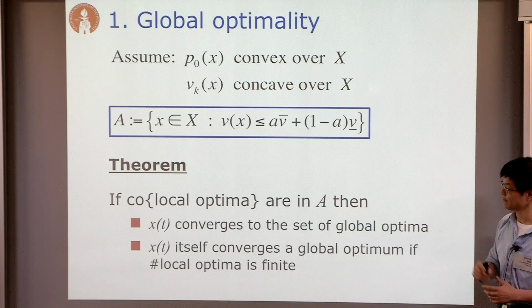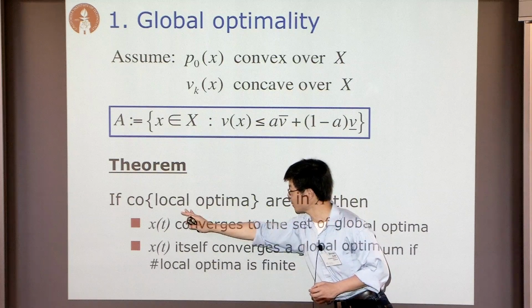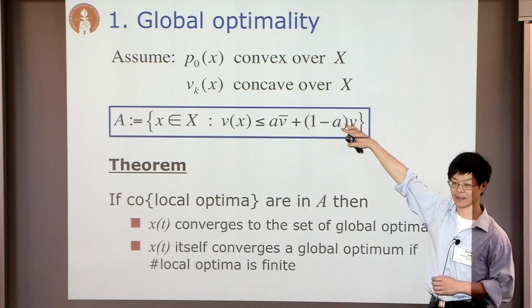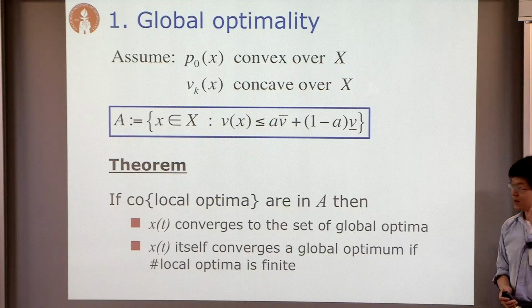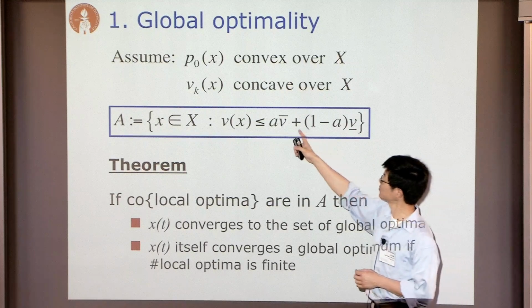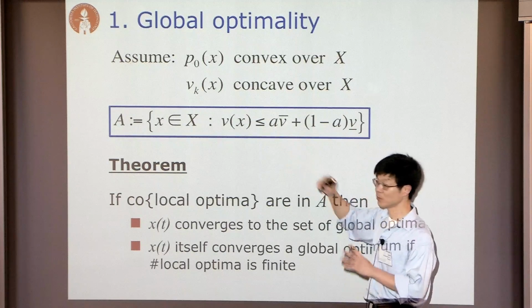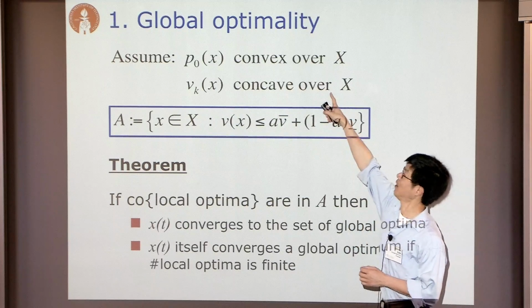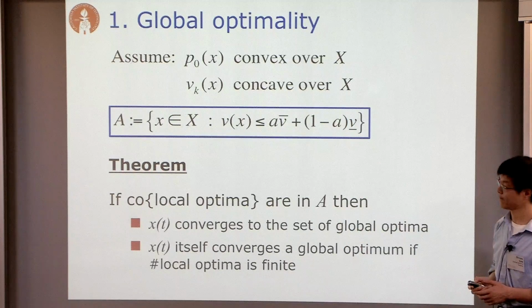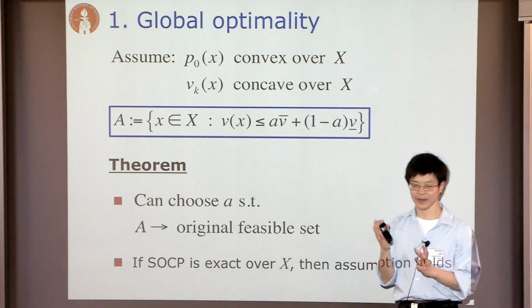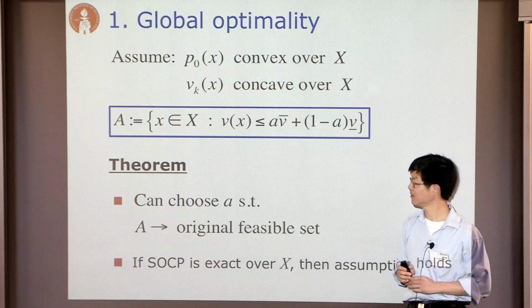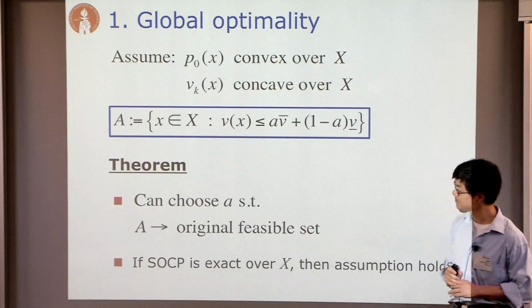So this is set A. If the convex set of local optima lies in this set A, then the local result becomes global. And therefore, we can make A arbitrarily close to the original feasible set. Are these assumptions reasonable? Then you can show A is not tiny. A is reasonable. Otherwise, it's not meaningful.